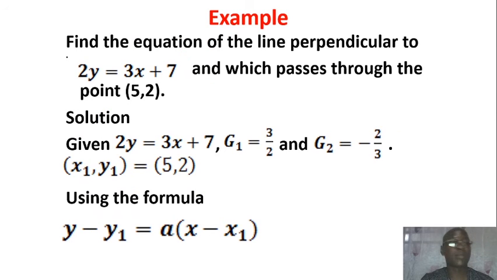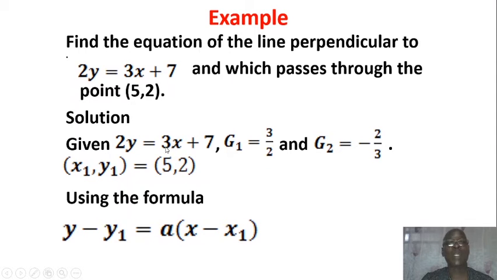We move ahead. Example. It said find the equation of the line perpendicular to 2y is equal to 3x plus 7 and which passes through the point (5, 2). Recall, you have been given this.